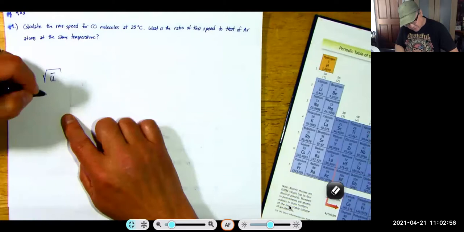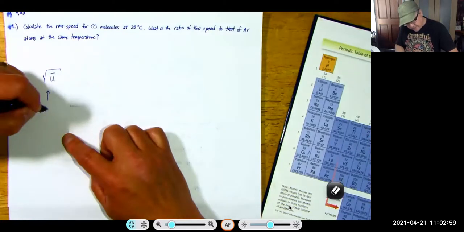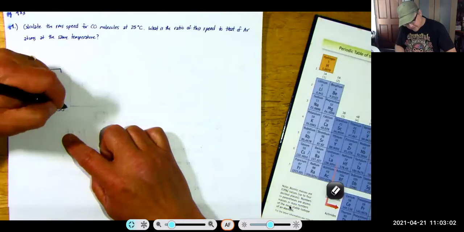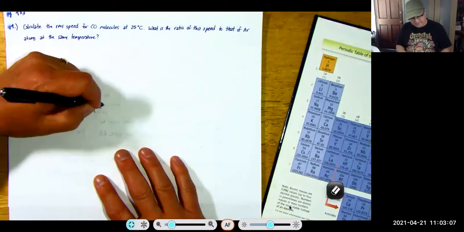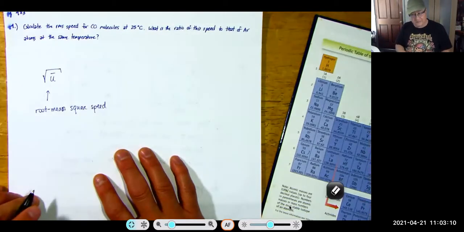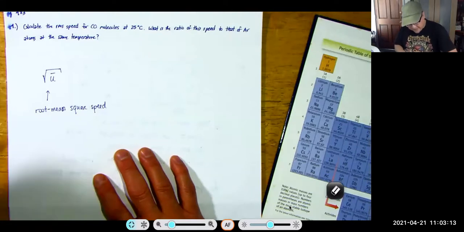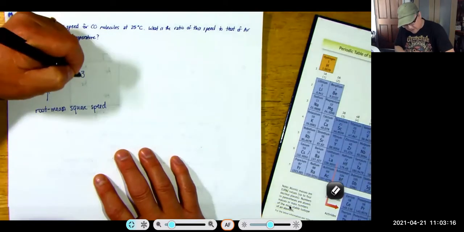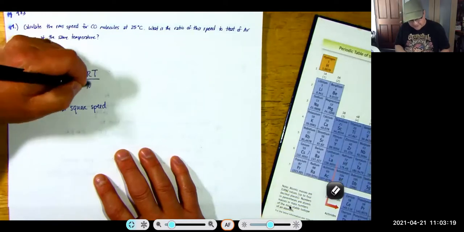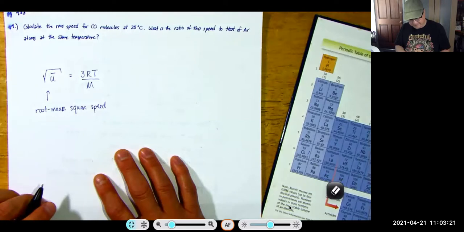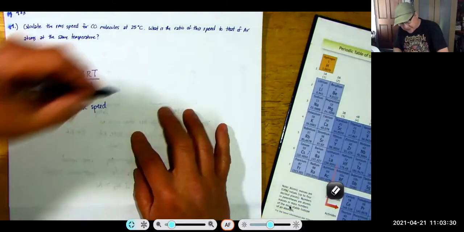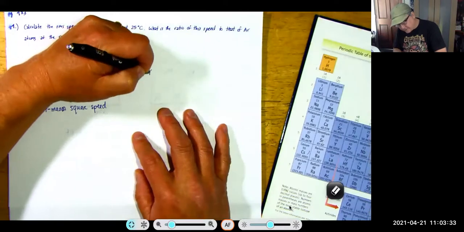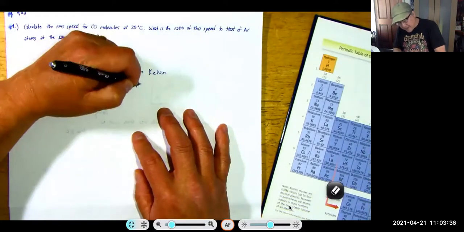So this is root mean square speed, and it is equal to the square root of 3RT over the molar mass. And you can guess that the temperature is in Kelvin. M is the molar mass.